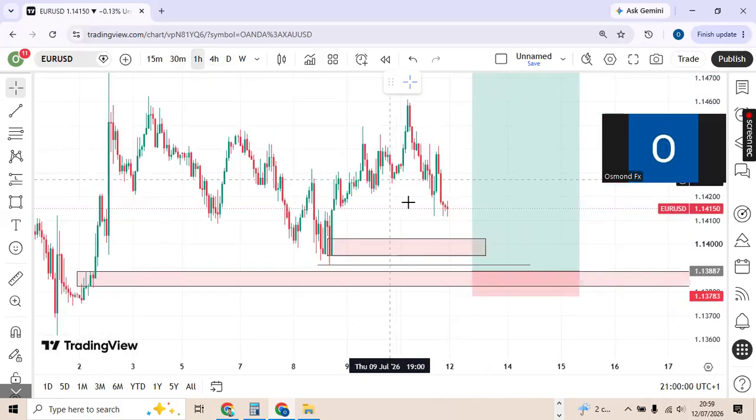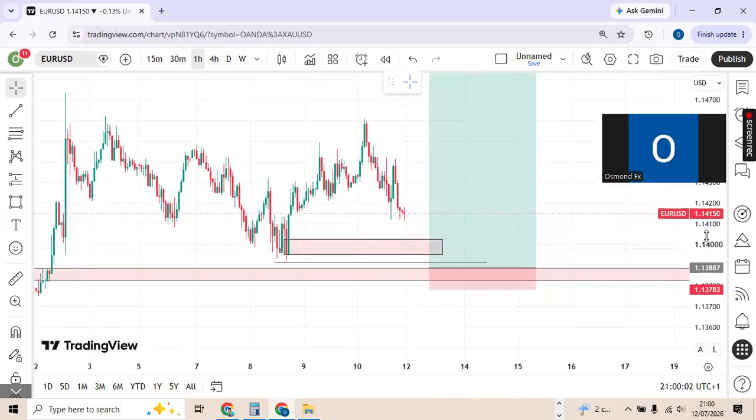So, for those people that are asking, I know that most of you watching me right now might be asking which level the market is going to be respecting. Now, there are two ways in which you can find out which level the market is going to be respecting. It's based on the lower time frame market structure shift, or the candlestick pattern formation, the candlestick patterns that are formed at these particular levels.